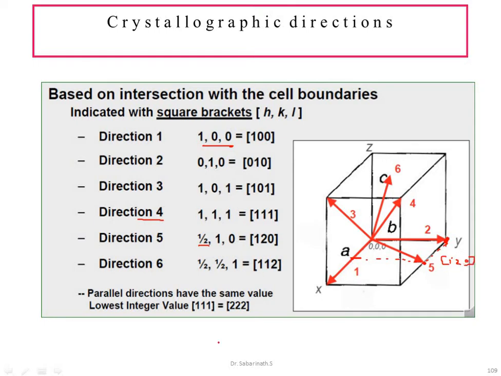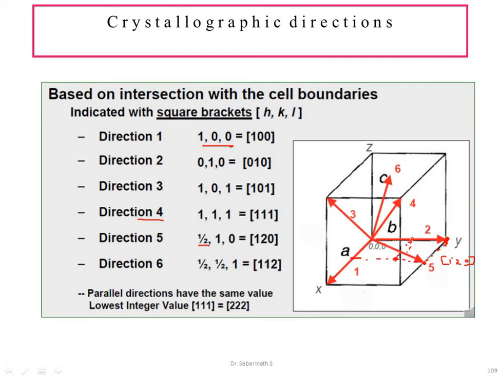Similarly, for direction 6, again it is half and 1. For x we will take half, for y we will take half, and for z it will be 1. Again we can see there is a common point here. There is a half, and it will meet at this point.